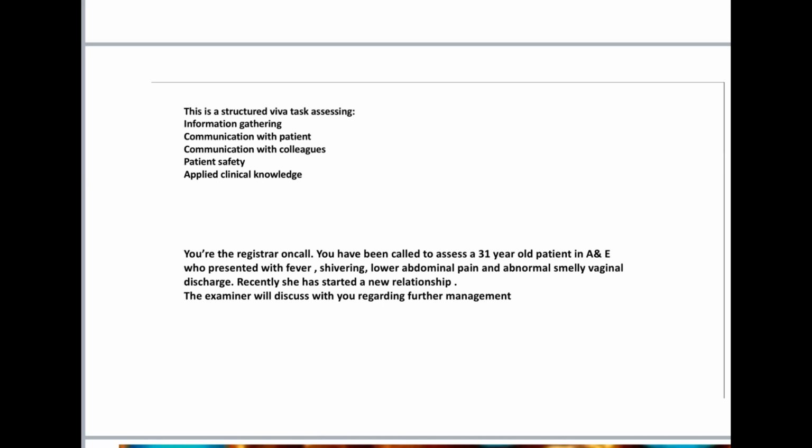So anyway, as all of us know, any woman who is diagnosed with one sexually transmitted infection, we need to refer her to the sexual health clinic or the local GUM clinic.